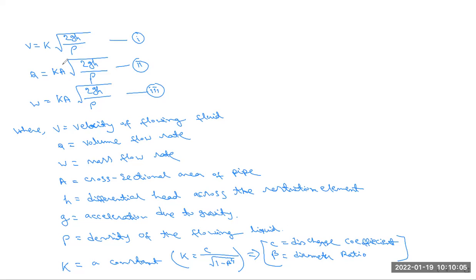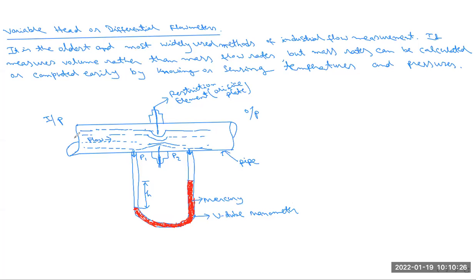These are the equations we have to explain. We have to calculate from the differential head or differential flow parameters. First, V equals K into root over of 2GH by rho. V is basically the velocity of the flowing fluid. In the previous diagram, when the liquid flows from this section to this section, the flow rate is also measured.